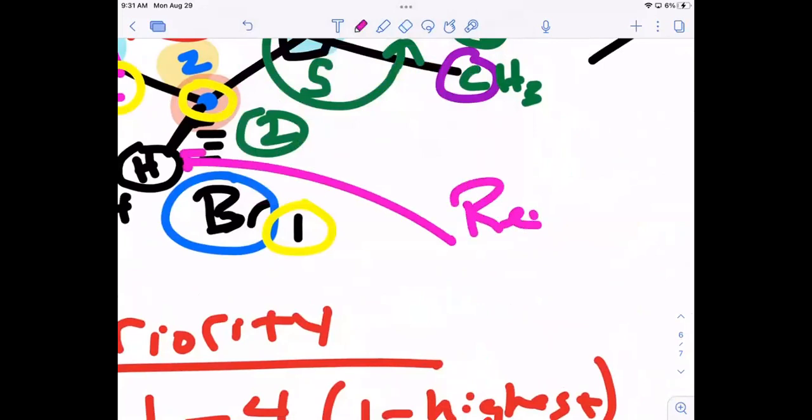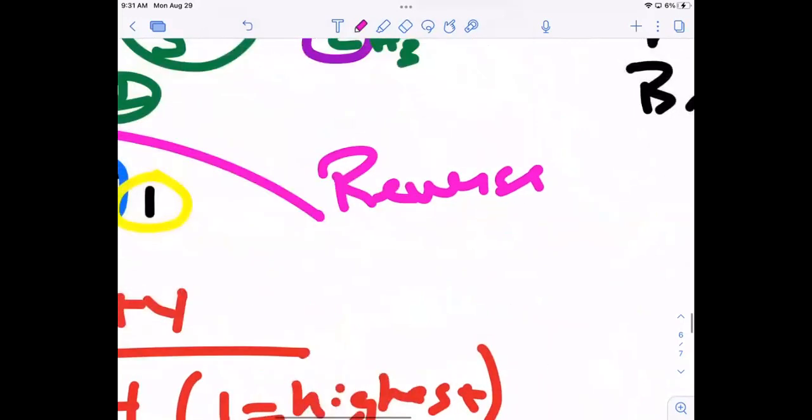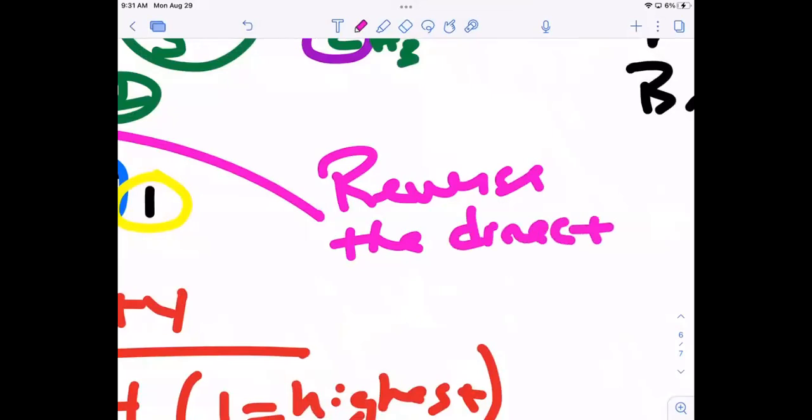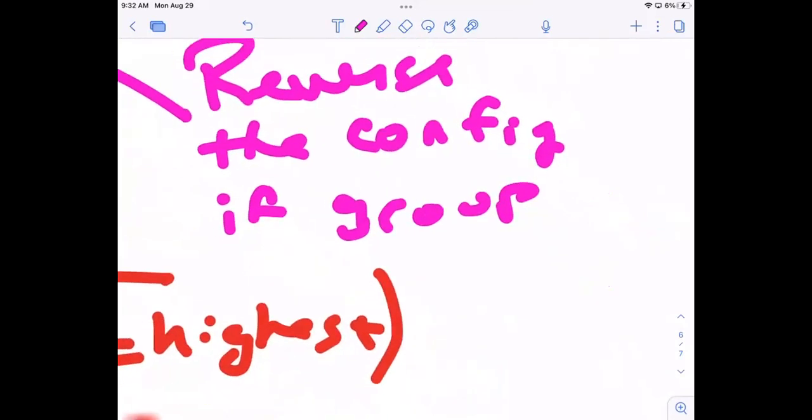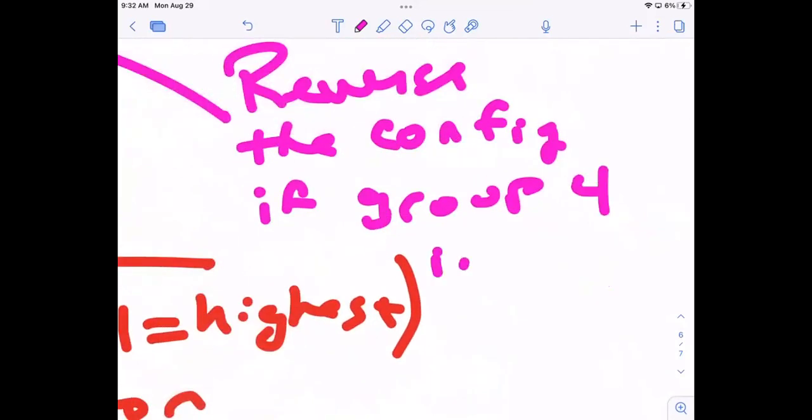So we're going to reverse configuration. So group 4 is on a wedge.